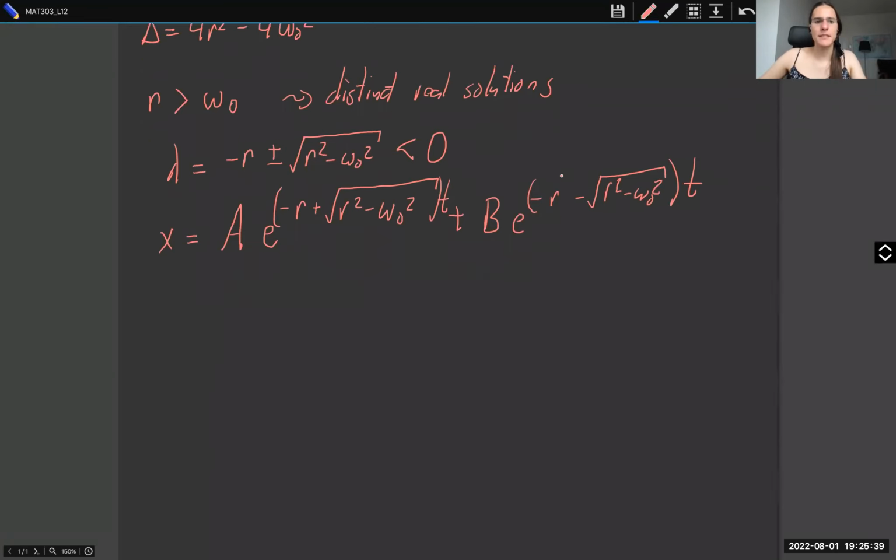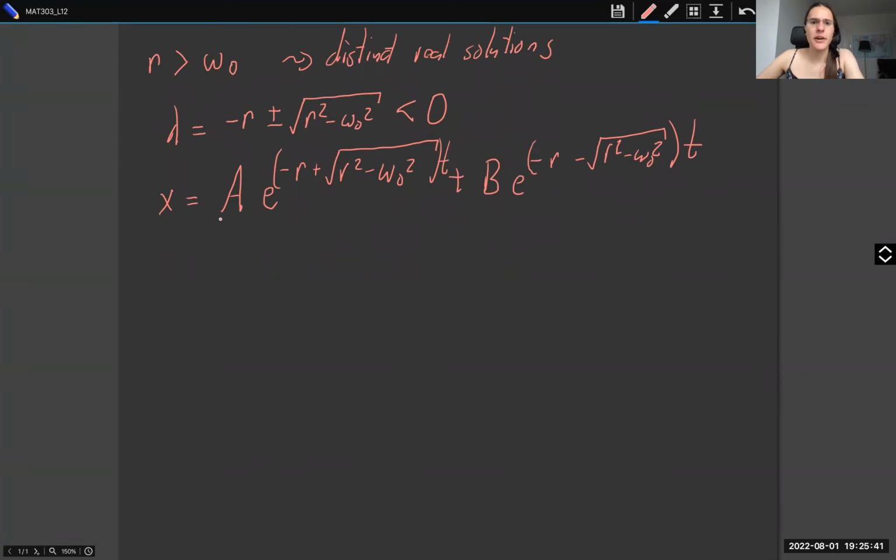And what happens then is that in general, if a and b are the same sign, then it'll be a sum of two decaying exponentials. So these are decaying exponentials.